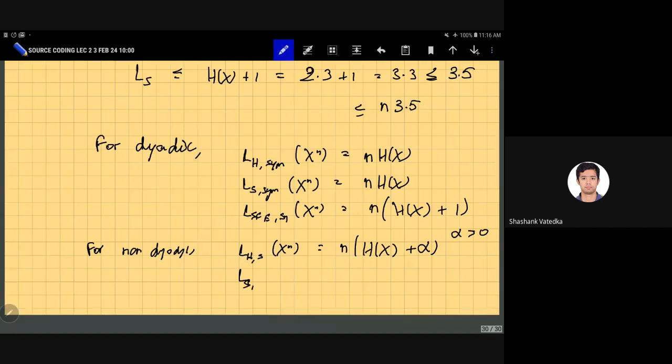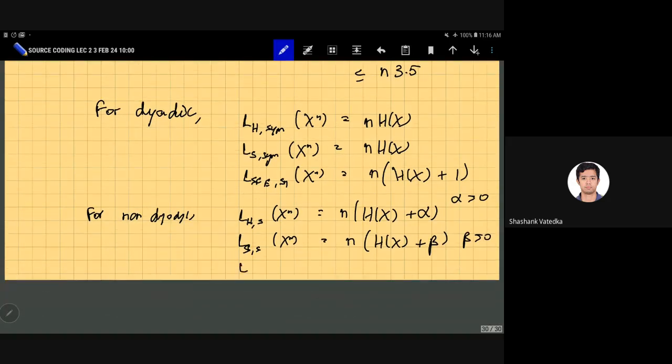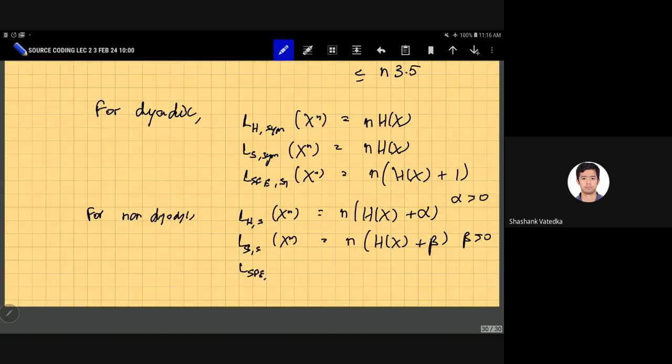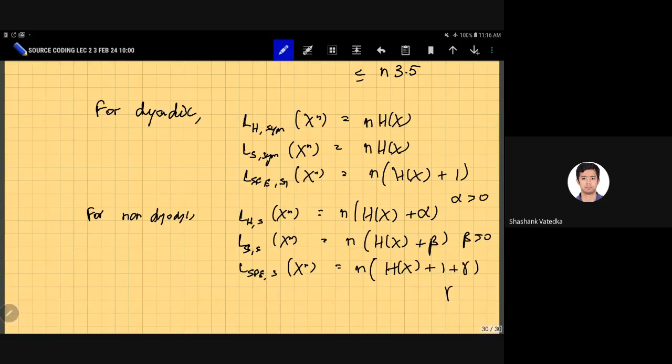L Shannon symbol-wise is equal to n times h of x plus maybe some beta, where again beta is greater than 0 but less than 1. And Shannon-Fano-Elias symbol-wise of xn is n times h of x plus 1 plus gamma for some gamma greater than 0 but potentially less than or equal to 1.